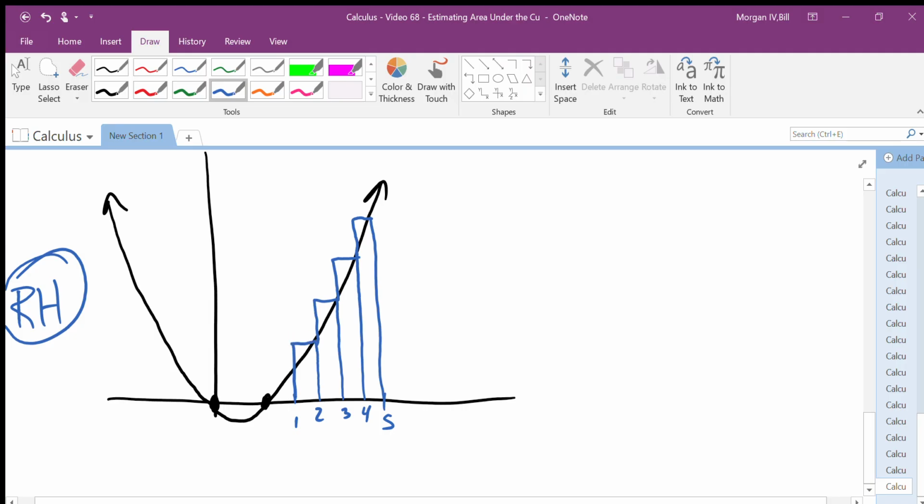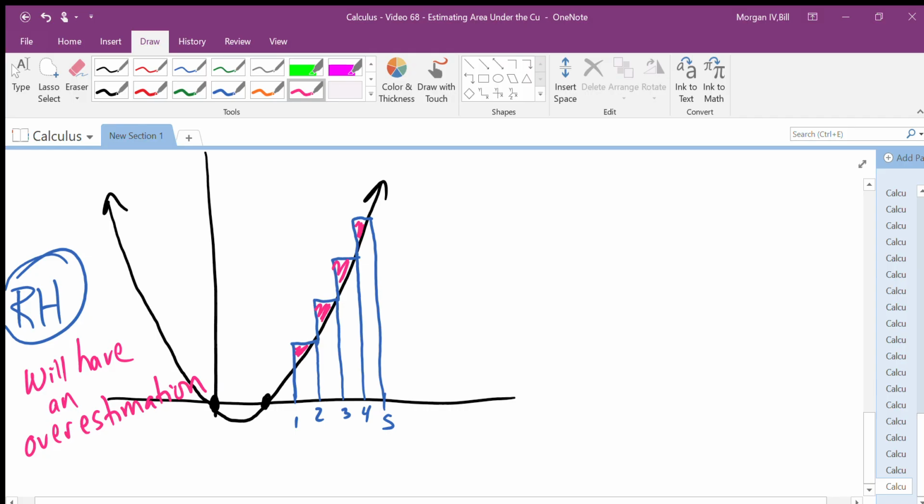And you get this. And what we're going to find out here is this is an overestimation. We are overestimating for every rectangle. So we will have an overestimation here.